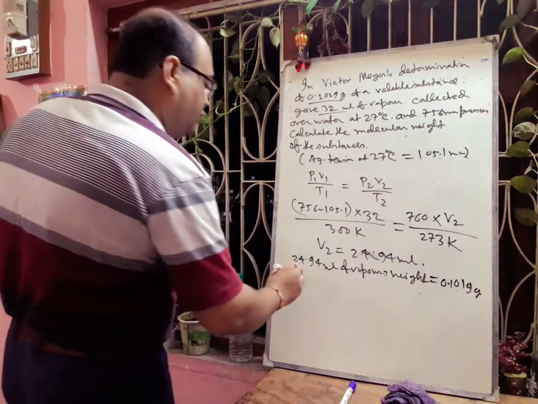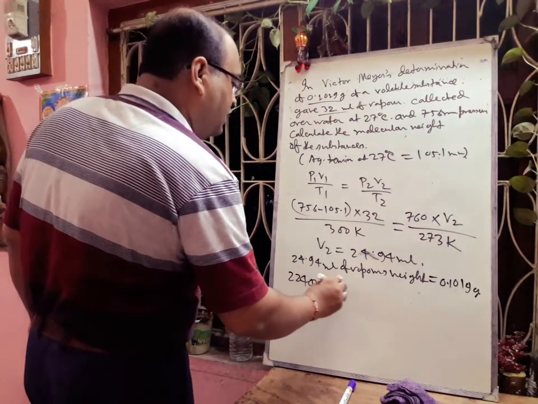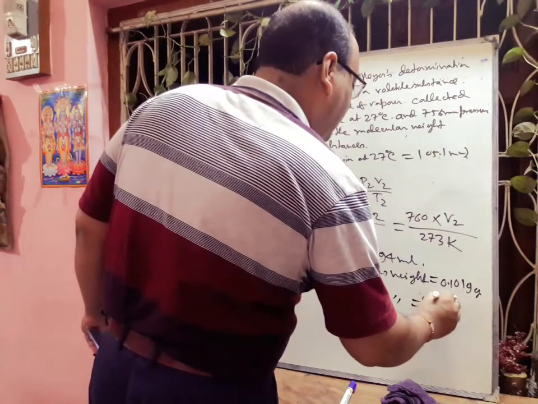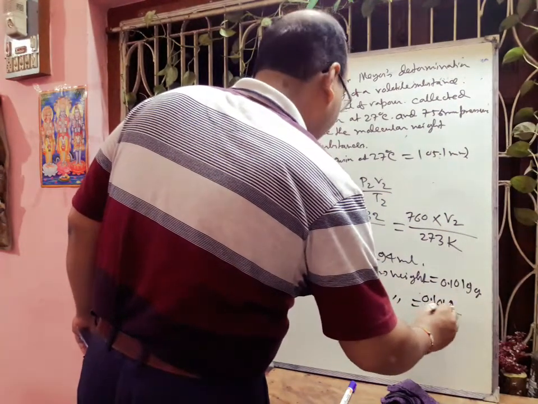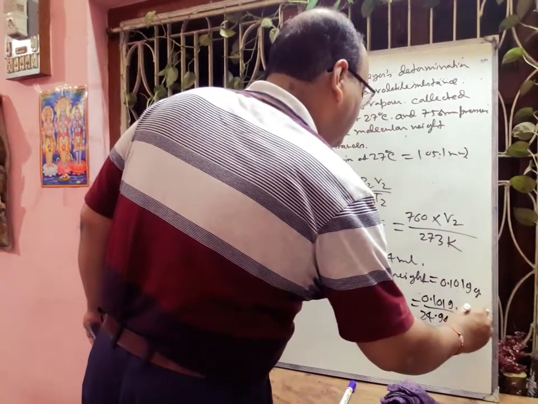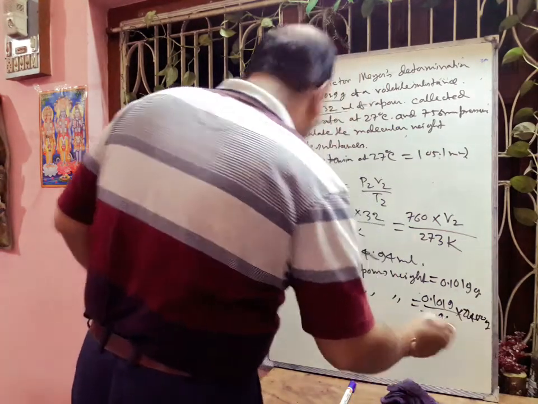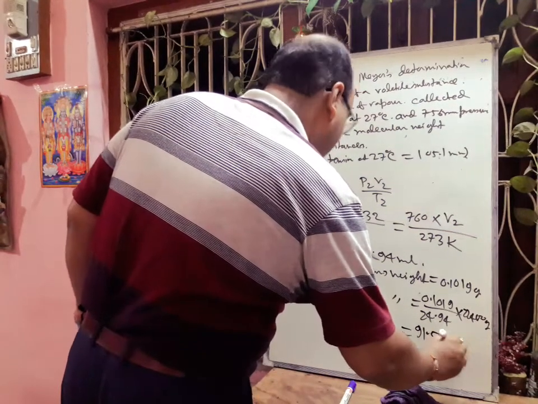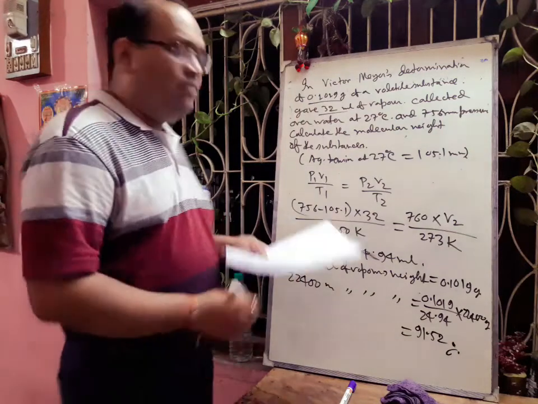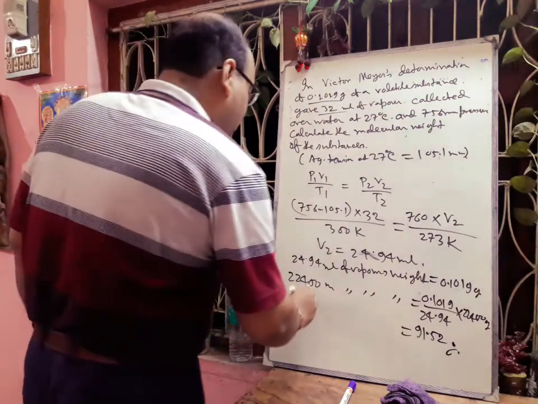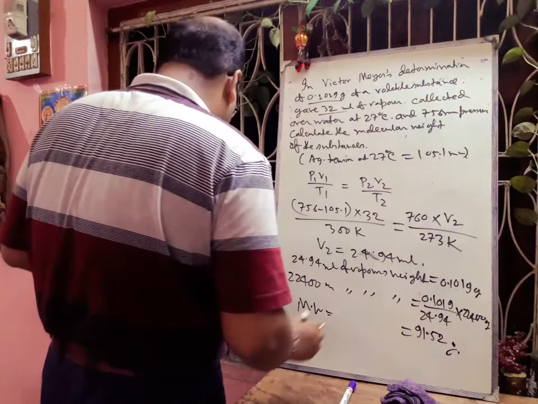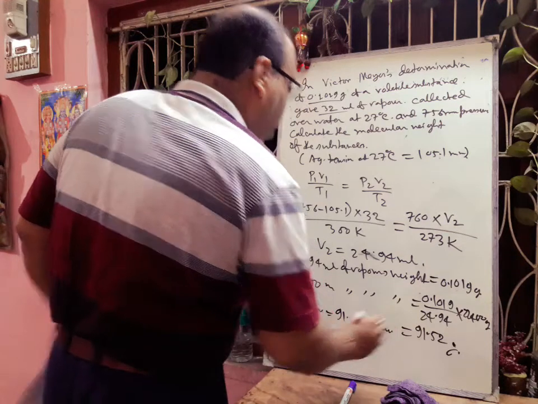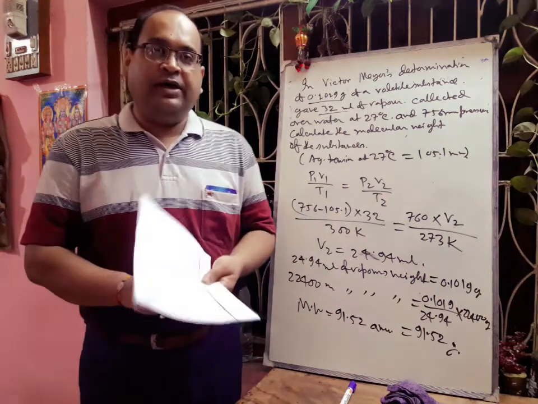Now if we convert into 22,400 ml of vapors, weight will be equal to 0.1019 divided by 24.94 into 22,400 gram. So if we calculate, we will get the value 91.52 gram. So what will be the molecular weight? So the molecular weight of this volatile substance will be 91.52 amu or u. So hope you can understand.